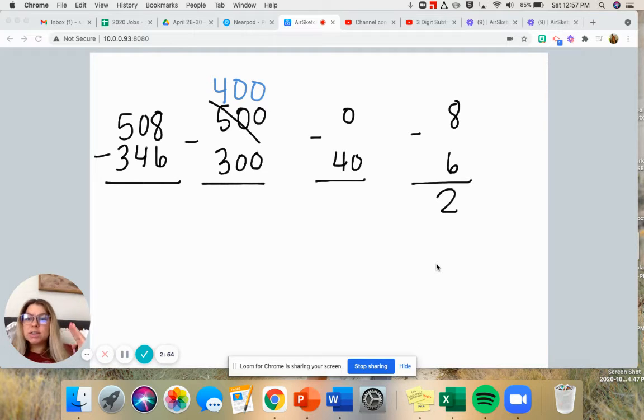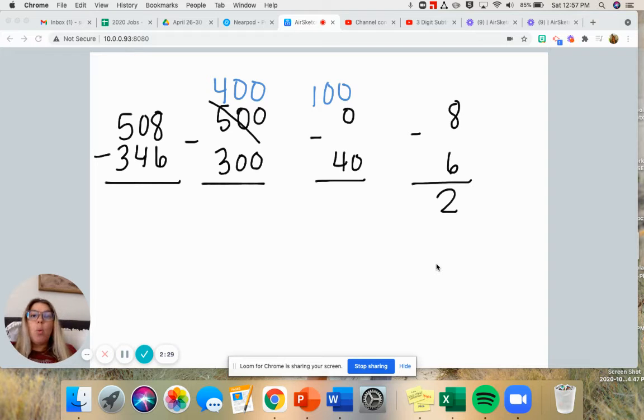We're trading 10 sticks over, which is 100, right? If we have 10 sticks, we actually have 100. There's 10 little circles in a stick, and there are 10 sticks in 100. Think about when we draw it out in sticks and circles, we draw 10 sticks. So instead of drawing 10 sticks, we're just writing the number 100, okay?